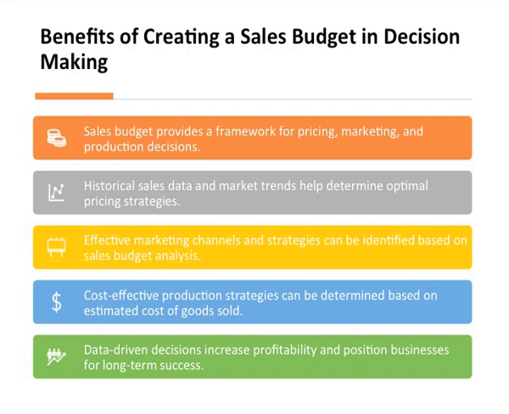For example, a hotel may use a sales budget to identify the most effective marketing channel for reaching their target audience, such as social media or email marketing. Production is another area where a sales budget can provide valuable guidance. By estimating the cost of goods sold, businesses can determine the most cost-effective production strategy.